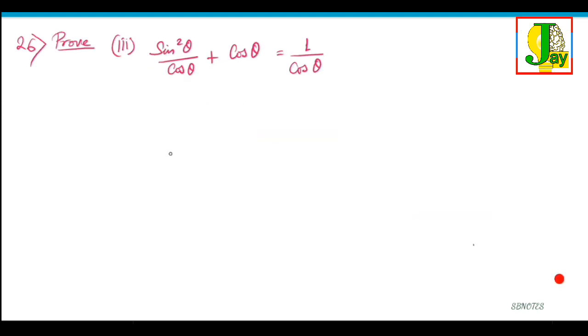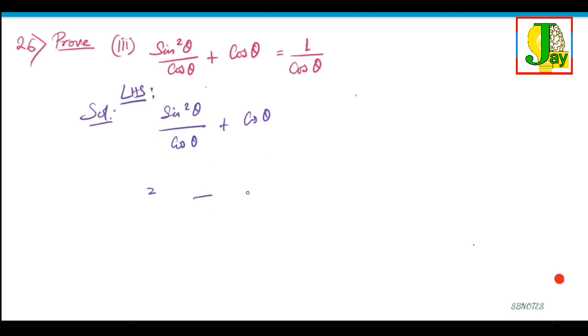This question is one of the simplest ones. Let us see, sin square theta by cos theta plus cos theta. You have to prove that the left hand side equals the right hand side. So we are going to start with the left hand side.